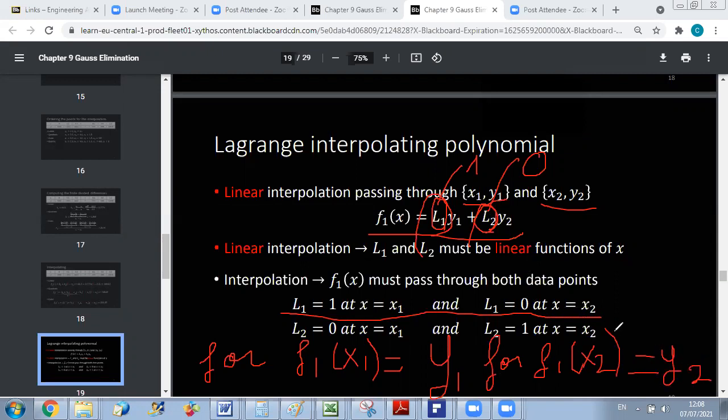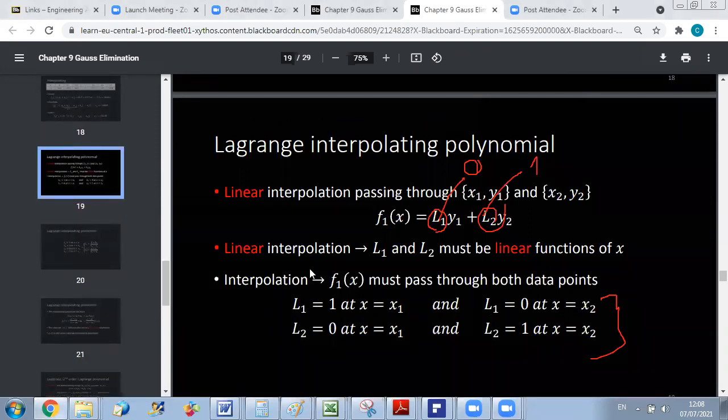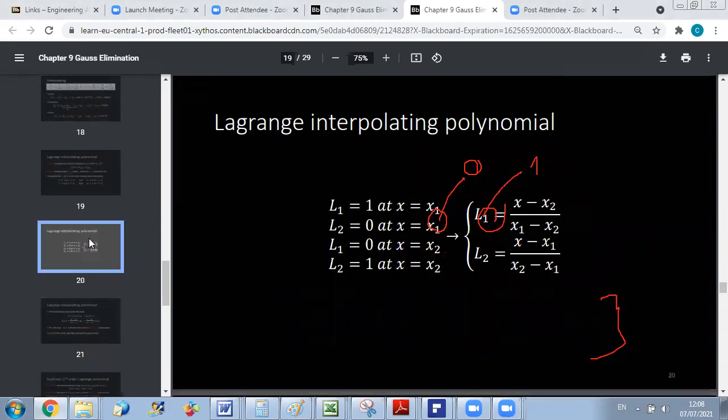This means that if I compare with my expression, when x is equal to x2, I should have now the inverse: L1 should be 0 and L2 should be 1. Okay? So now this is my result. This is what defines my operators L1 and L2. Now we will see what form can satisfy these conditions, having L1 and L2 linear.